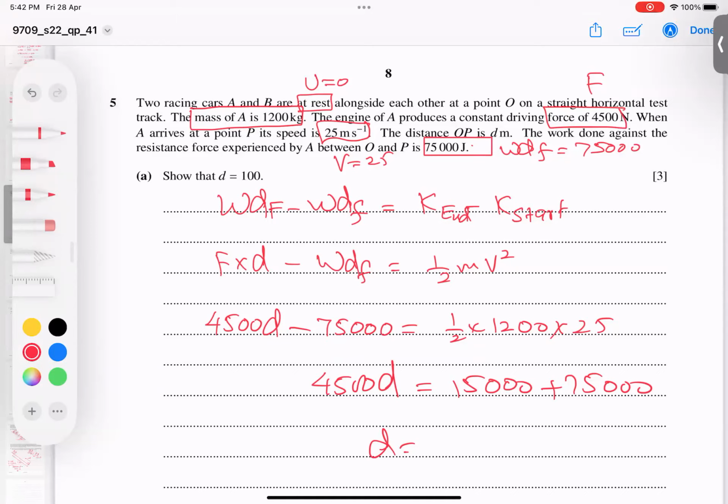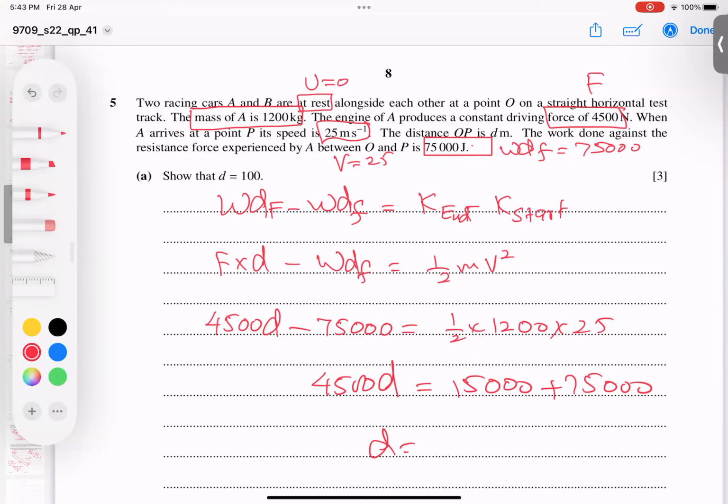One minute, please, let's check again. 600 times 225, divided by 4500. Wait a minute, the mass is 1200 and then 4500.